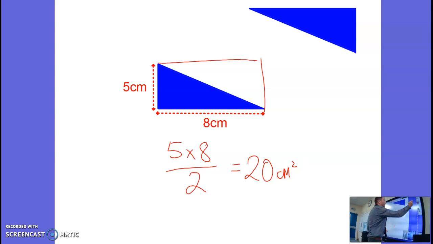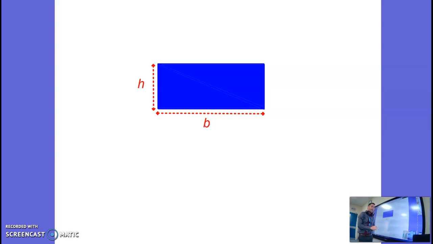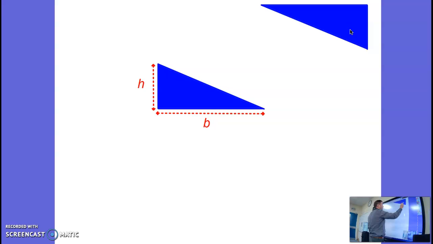Let's put that into a formula. So if there's my base and height for the rectangle, well, for my triangle, it's going to be the base times the height, divide it by 2. Chop it in half, divide by 2. That's it. Area of a triangle is base times height divided by 2.